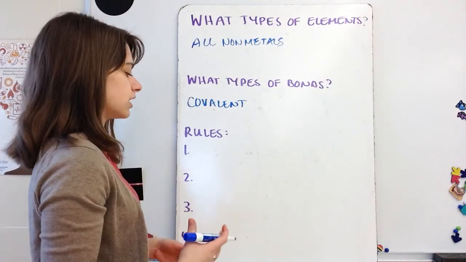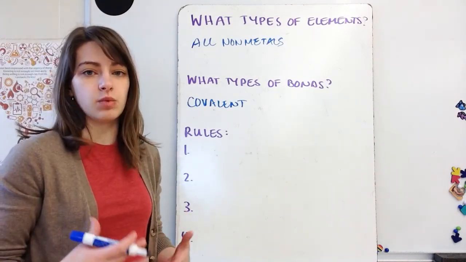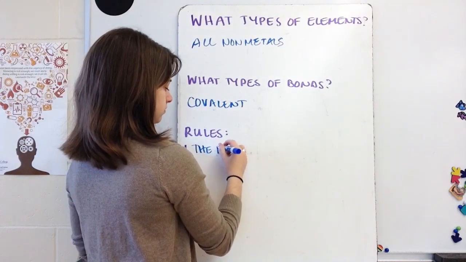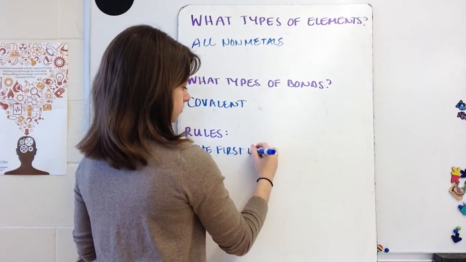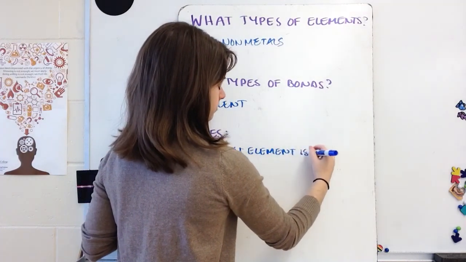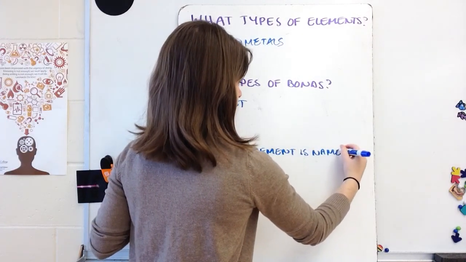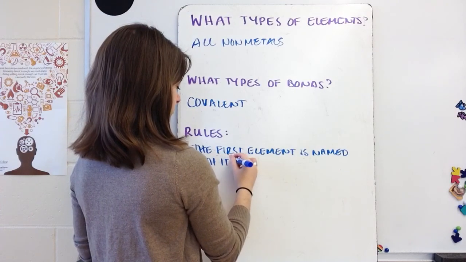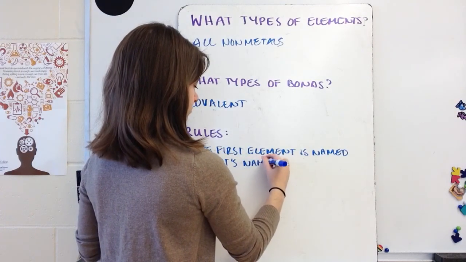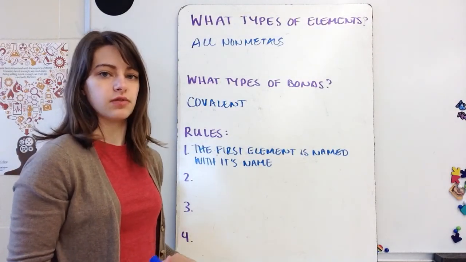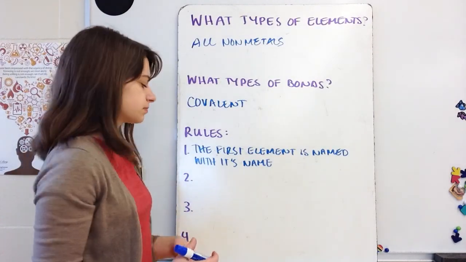The first rule is that the first element is named with the element's name. So if the first element in the formula was carbon, we say carbon. If it was phosphorus, we say phosphorus.